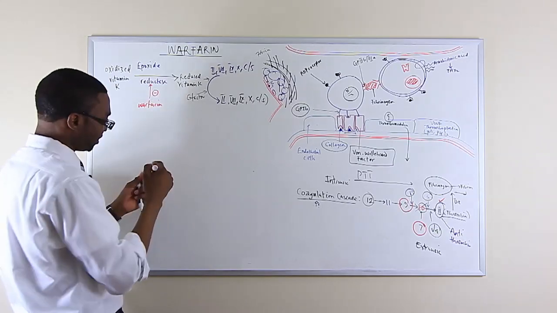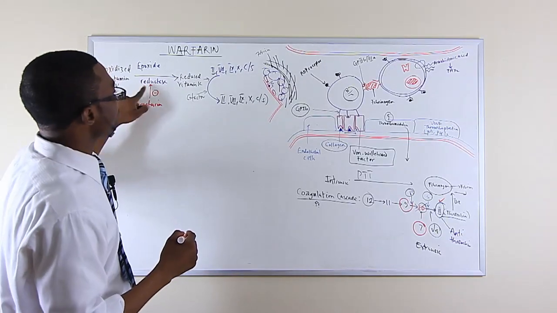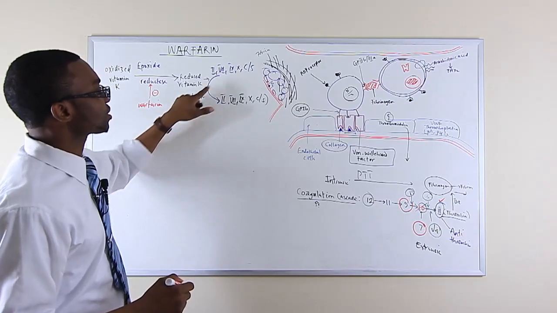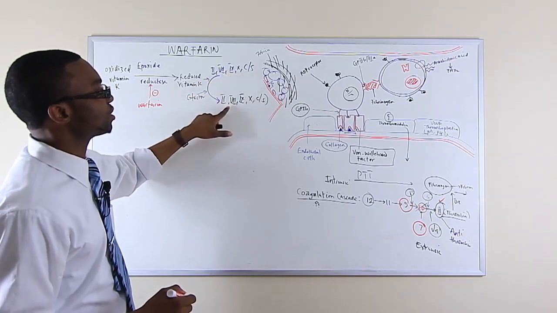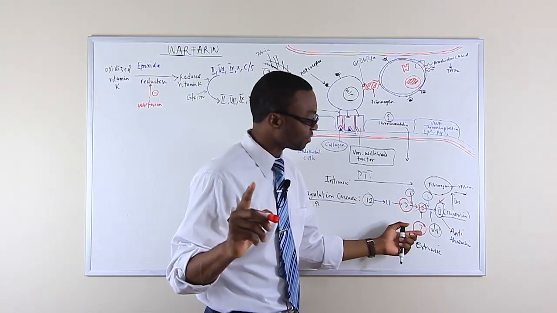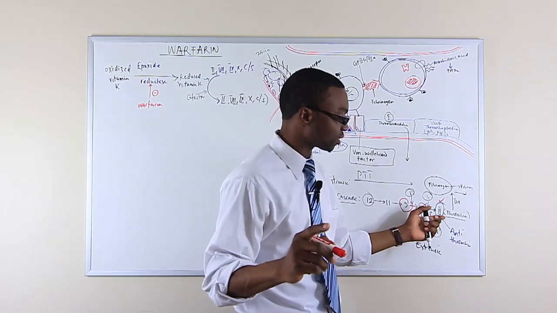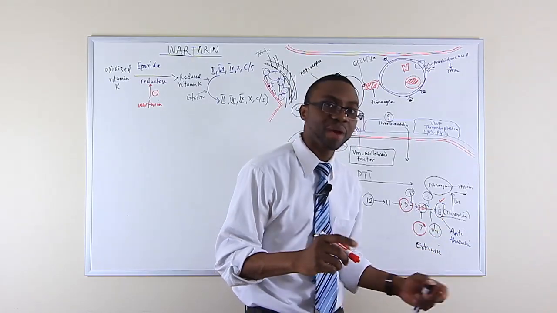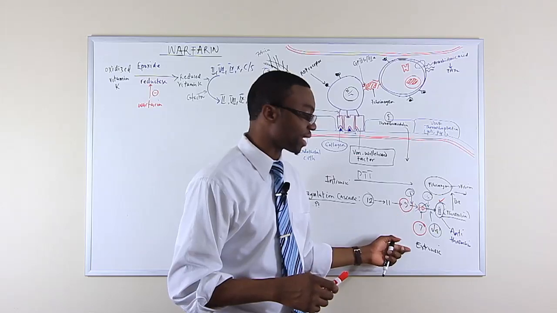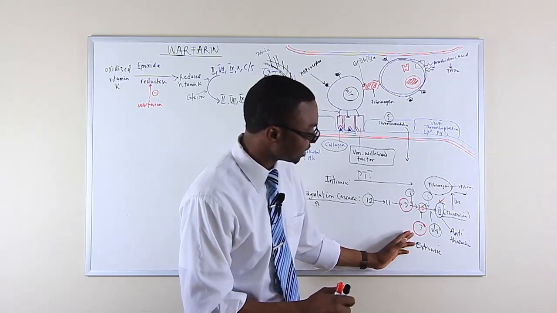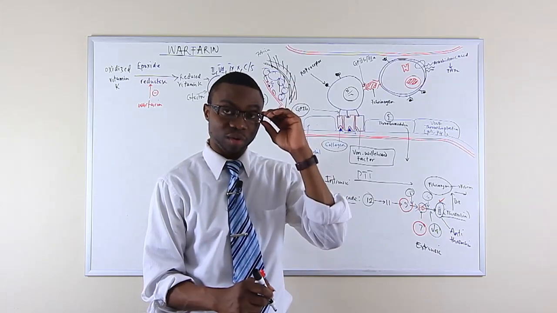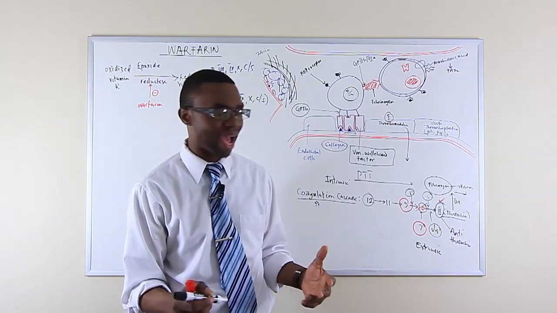And when warfarin inhibits that, we don't have a reduced form of vitamin K to act as a cofactor to convert these immature cofactors into mature cofactors, which means if we don't have factor 7, factor 9, factor 10, and factor 2, the extrinsic pathway is not going to function. Although factor 9 is not part of the extrinsic pathway, as you can see, factor 7, factor 10, and factor 2 are all part of the extrinsic pathway.